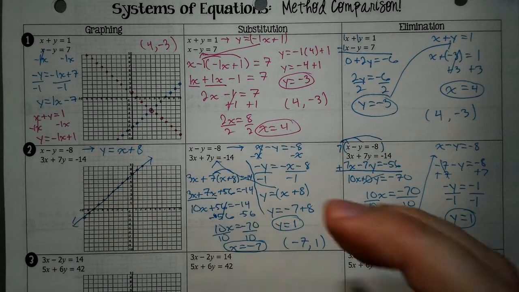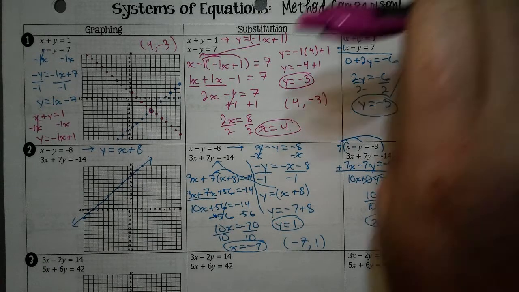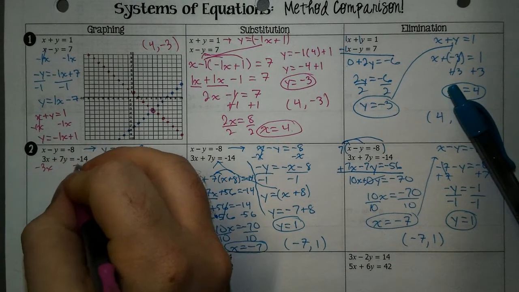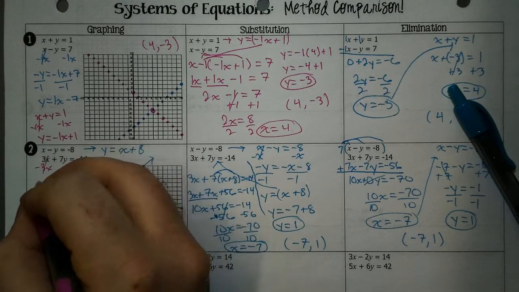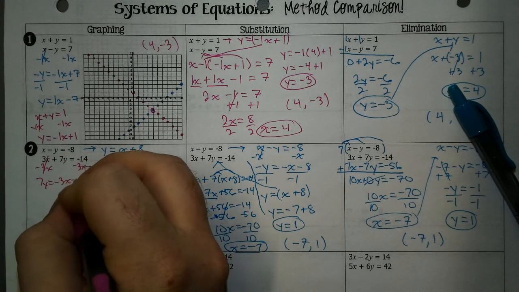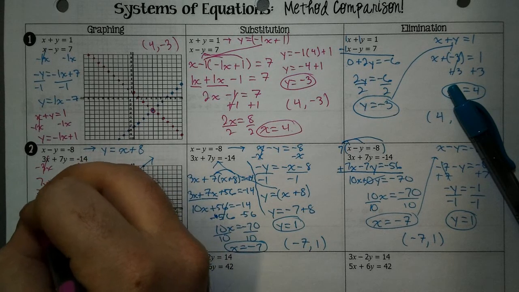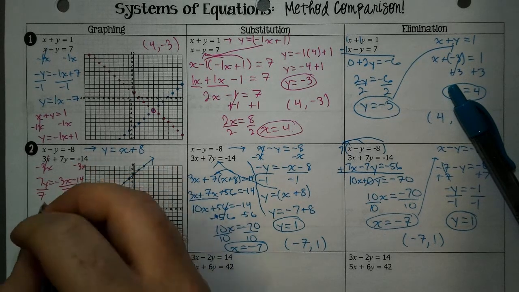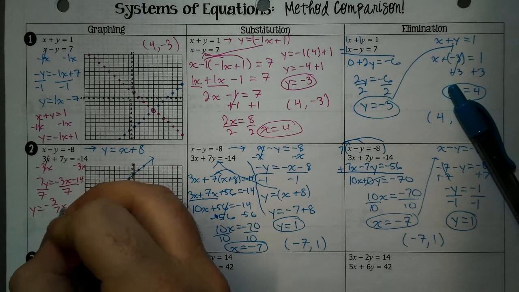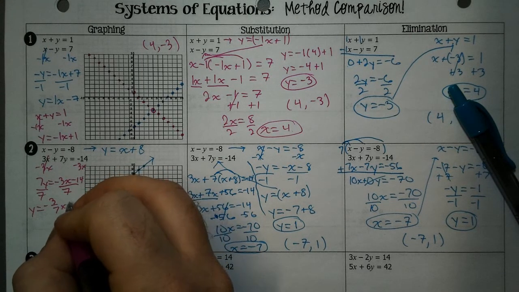Now, for our other line, we have not changed this one into y equals. So I'm going to move my x, bring everything down, so 7y equals -3x minus 14. Divide by y. So I get y equals negative 3 over 7x. Negative 14 divided by 7 is negative 2.